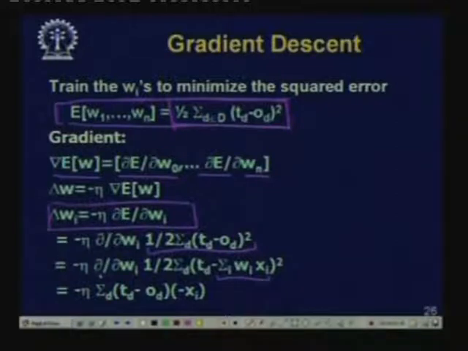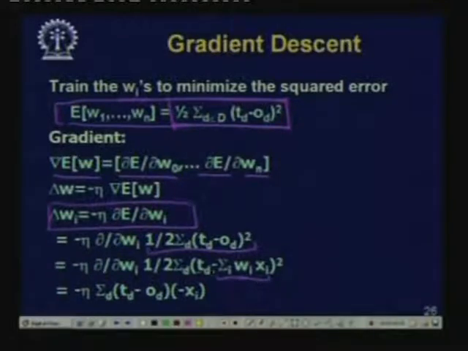So, we have to find the partial derivative with respect to Wi of the function half sigma (TD minus sigma Wi xi) whole square. Note that the only portion of this function that depends on Wi is the term (TD minus sigma Wi xi) whole square. When we are taking a particular Wi, only the term corresponding to this Wi is important.